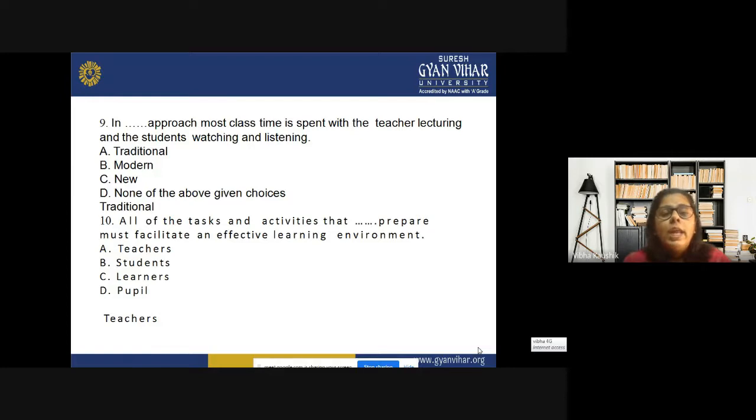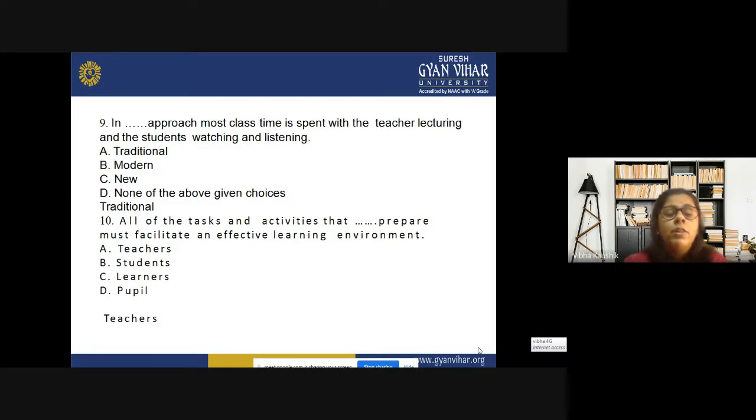Now the ninth one: in dash approach, most class time is spent while the teacher is lecturing and the students are watching and listening. Now, which type of method is called when most of the class time is spent with the teacher giving the lecture, and the students are just watching what is going on and listening to what is being said?